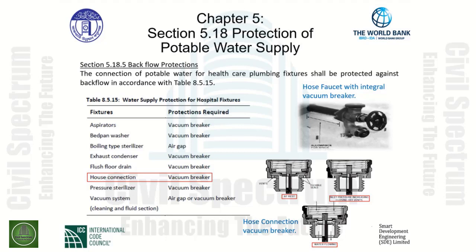And as can be seen here, specifically aspirators in hospital fixtures require vacuum breakers, bedpan washers require vacuum breakers, boiling type sterilizers must have an air gap as protection, exhaust condenser, flush floor drain, hose connection, and pressure sterilizer all have requirements for vacuum breakers.